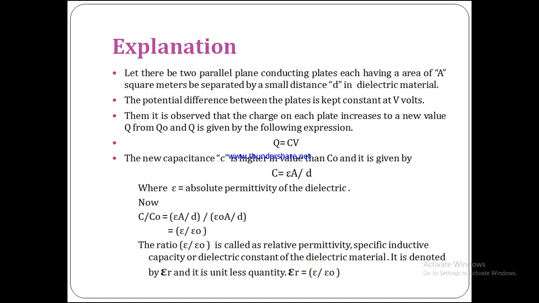Now let there be two parallel plane conducting plates, each having an area of capital A square meters, separated by a small distance small d in a dielectric material. The potential difference between the plates is kept constant at V volts.